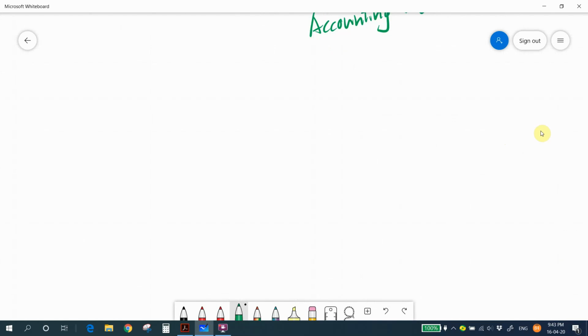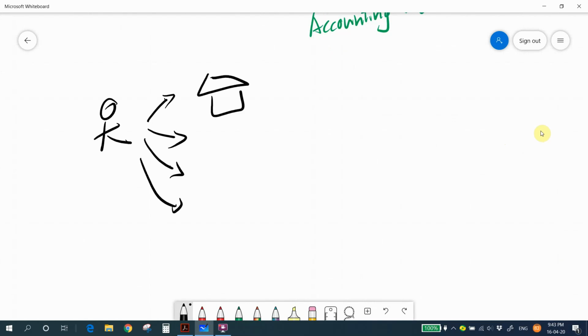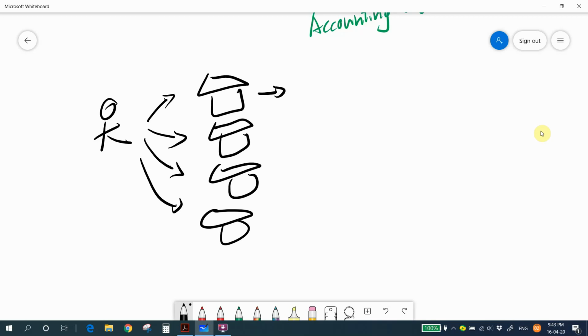So let's change another example. Assuming you are the boss and you do a very good business. For example, you have 4 outlets. Definitely you can't handle every outlet yourself, right? So what will you do? You will employ another one called manager.